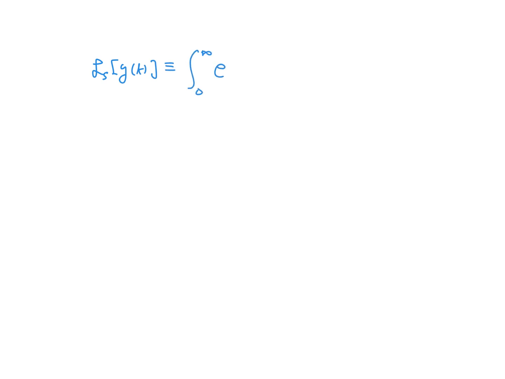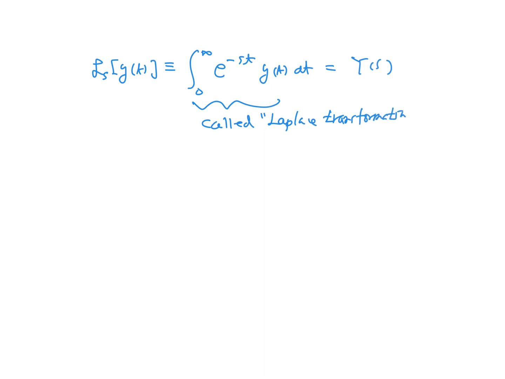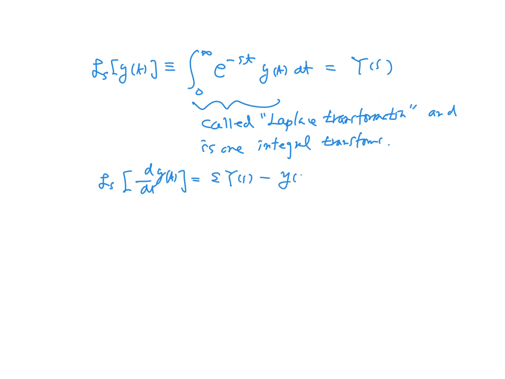The definition of Laplace transformation is the integral of e^(-st) y(t) dt. So this is called the Laplace transformation, and it is one of the integral transformations. So the transform of dy/dt is s Y(s) minus small y(0).